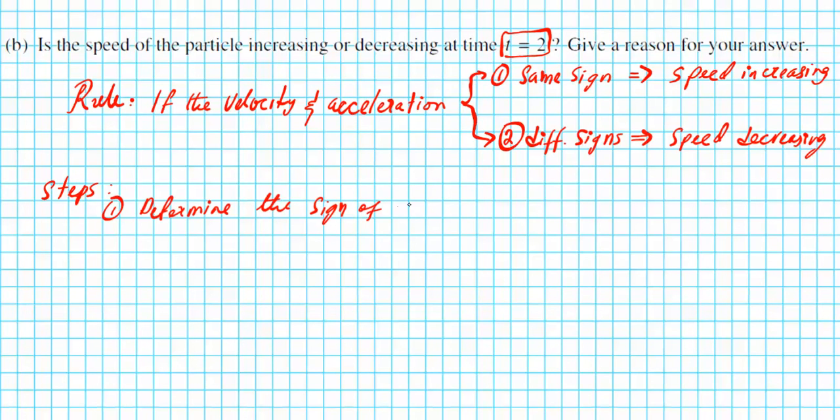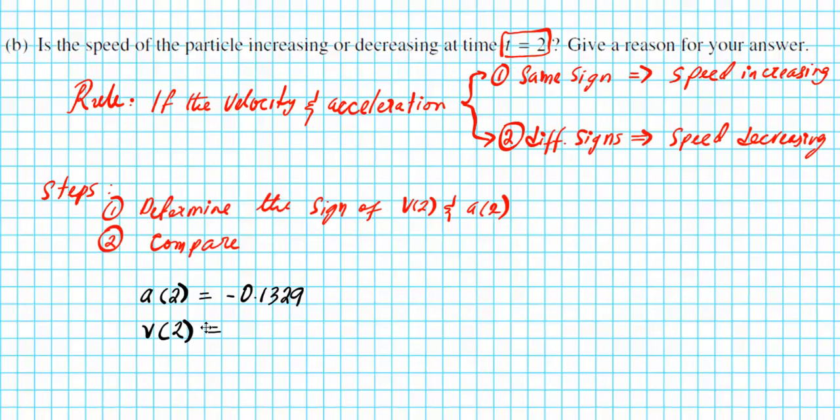So determine the sign of v of 2 and a of 2. And then step 2, compare. You compare the signs and then use the rules to arrive at your conclusion. We already know from part A that a of 2 is equal to negative 0.1329.